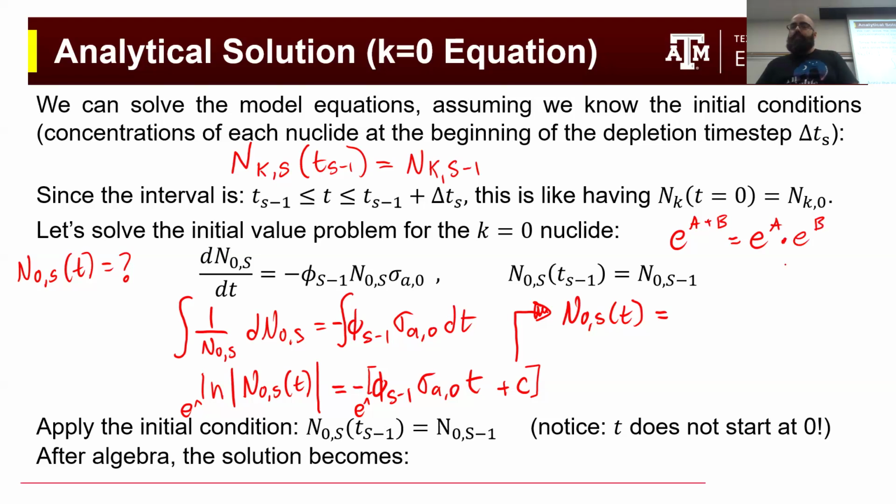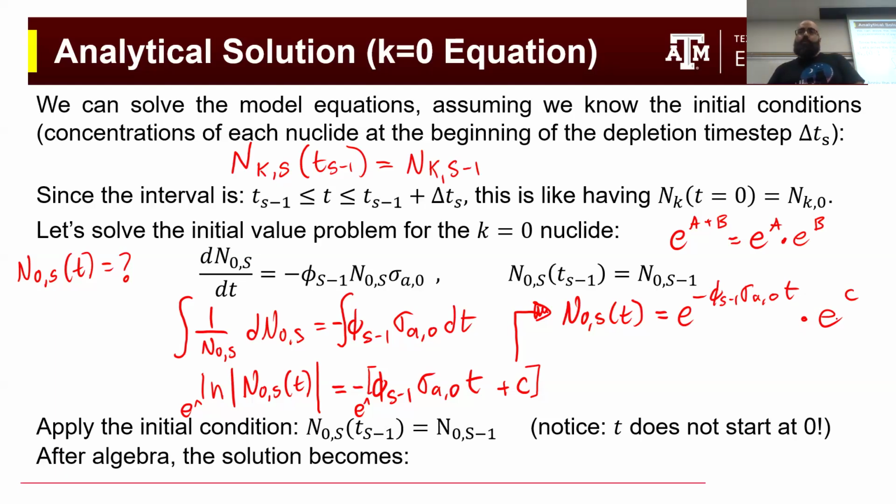Perfect. So that's going to look like e to the negative phi of s minus 1 sigma a 0 times t times e to the c.